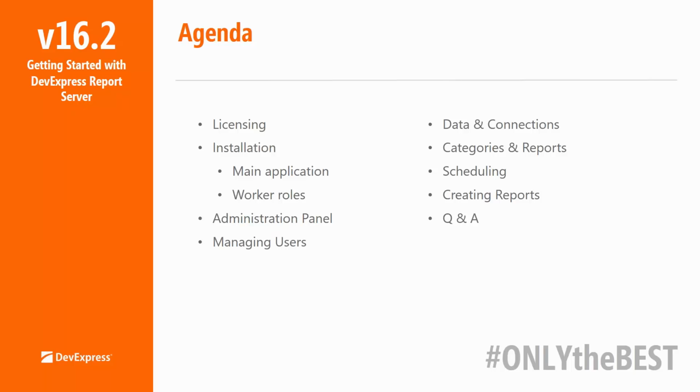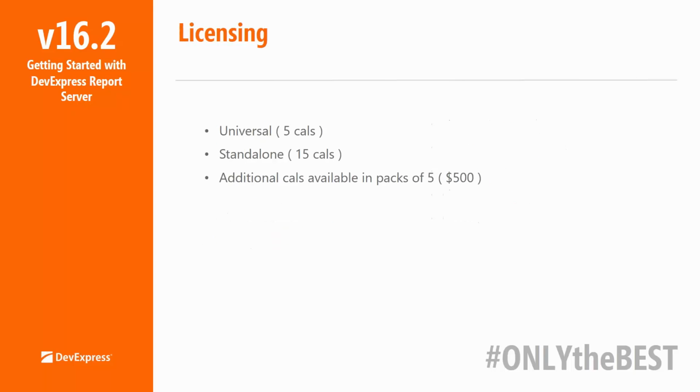First, I want to talk about licensing, Julian, because it's a little bit different to our other products. So how does the licensing aspect work? So Report Server is an actual application that we provide for sale as part of Universal. Universal does have a Report Server instance as part of it.